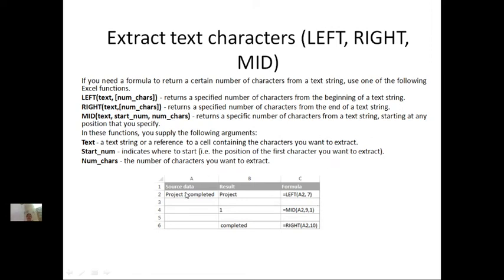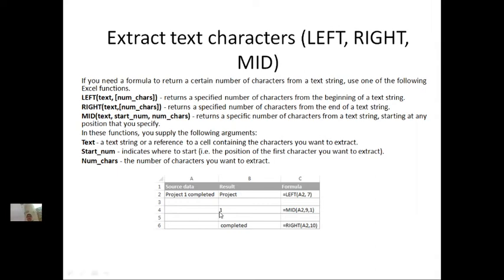Now here in A2 he has entered the text string project 1 completed. Now when you use the function LEFT A2 comma 7, what is happening here? From the left, seven letters are taken into count. Okay, so the result is project. Next, the MID function. MID A2 comma 9 comma 1, he is saying, after the ninth character, what is the character coming into picture in the middle of the text?